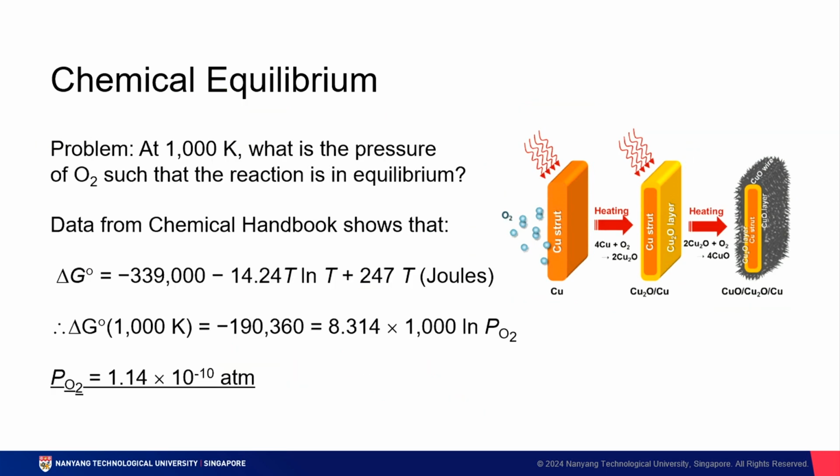So let's try and understand that with a simple problem. Here, at 1000 Kelvin, we want to find out what is the pressure of O2 such that the reaction is in equilibrium. So what I really want you to do is to figure out what is PO2. Now, if pressure is higher than PO2, then oxidation will take place.